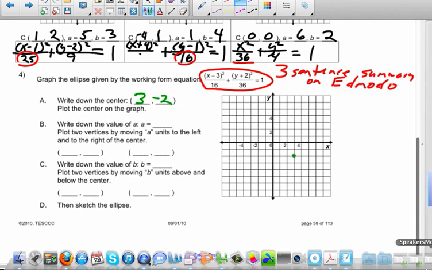So now we write down the value of A. So A is going to be the square root of this number, square root of 16, which is 4. So now I get my vertices by moving 4 units to the left and right. So I'm going to go 1, 2, 3, 4.